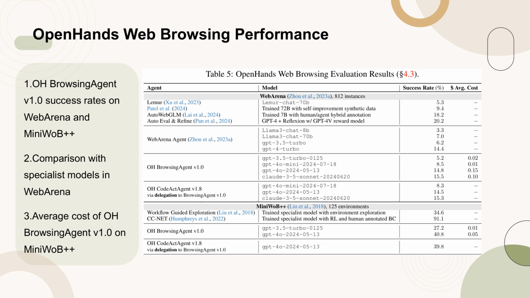On MiniWebB++, the agent completes nearly half of the tasks without environment-specific adaptation, though specialist models trained with reinforcement learning and human behavior cloning show higher performance. The average cost for OH browsing agent version 1.0 on MiniWebB++ is 0.02, indicating efficient task completion.